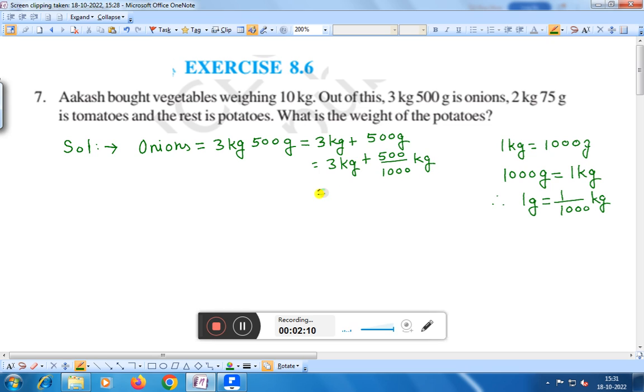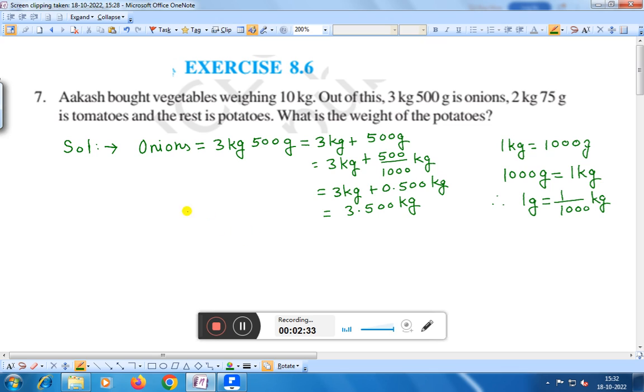Therefore it is equal to 3 kg plus 0.500 kg. Therefore it is equal to 3.500 kg. This is the weight of onion.